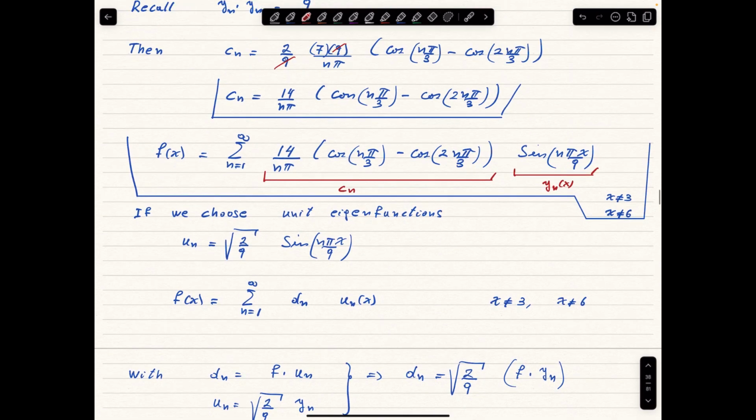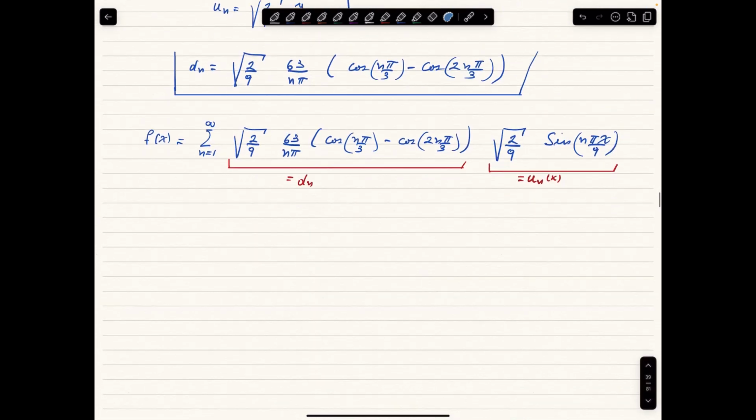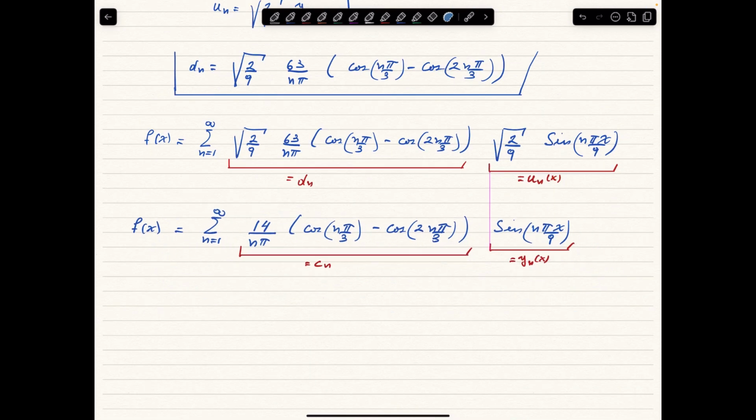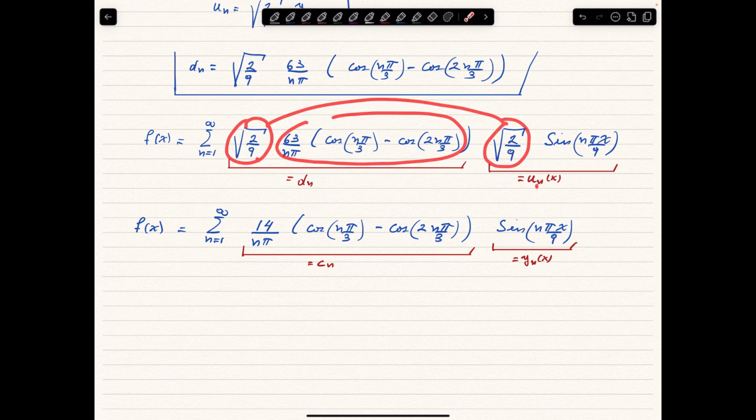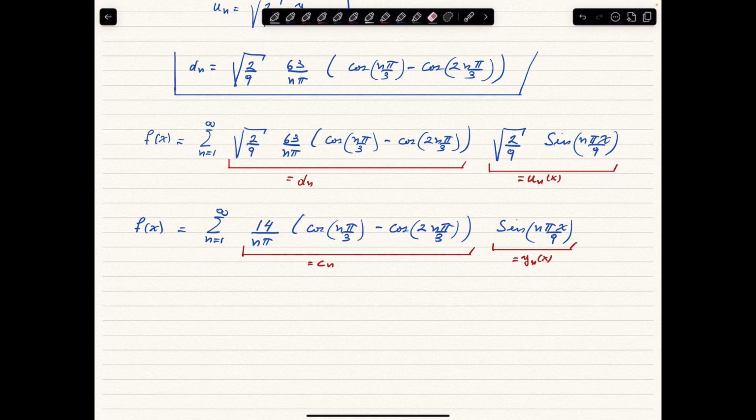Now let's bring back the formula we had before that we computed with the non-unit eigenfunctions. Copy. And let's compare. What is going on here? So what is going on is that the coefficient Cn is constructed with this coefficient and the square root coming from the d and the square root coming from the unit eigenfunctions, because this here is the yn.